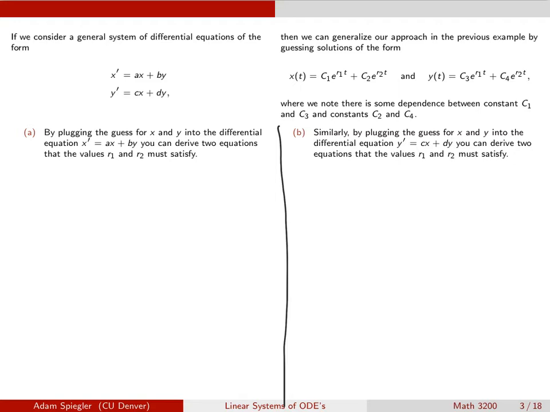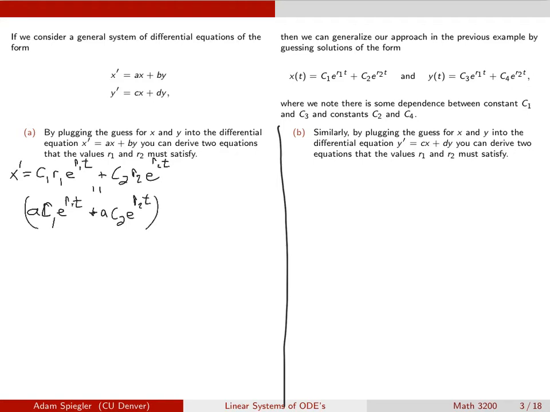So for example, if I were to take the derivative of x, then I would get x prime is equal to c1 r1 e to the r1t plus c2 r2 e to the r2t, just by taking the derivatives. And what I know is I would like that to equal a times x. So I'm going to take a times all of the terms in x, which was c1 e to the r1t, plus a times c2 e to the r2t.